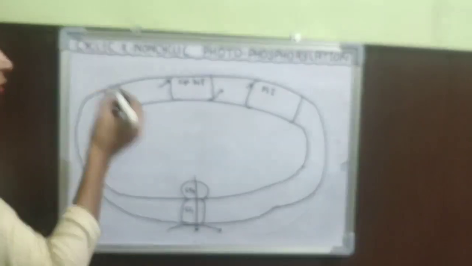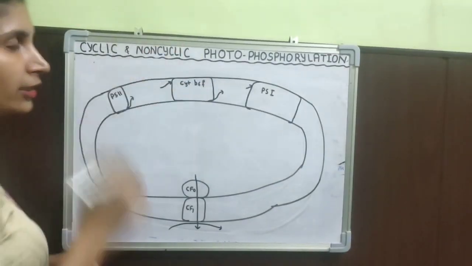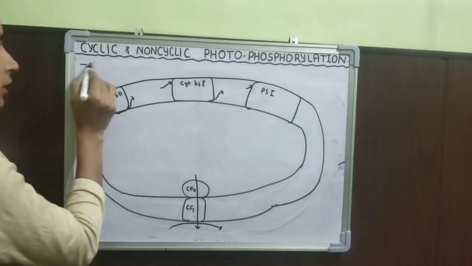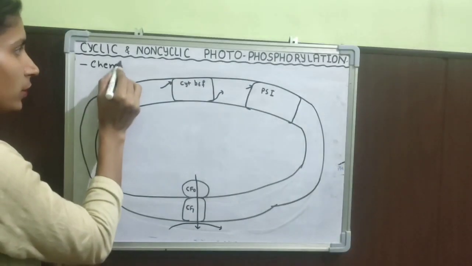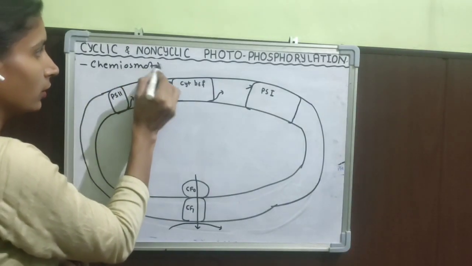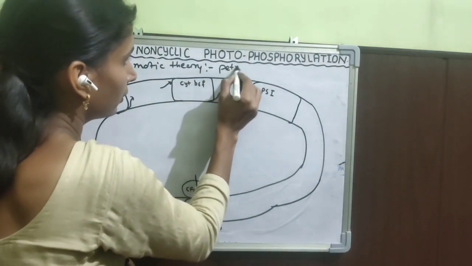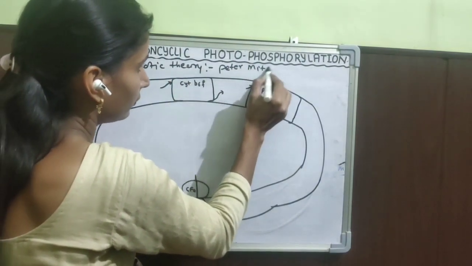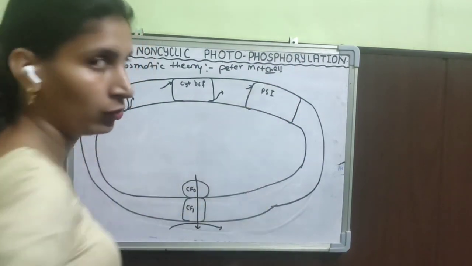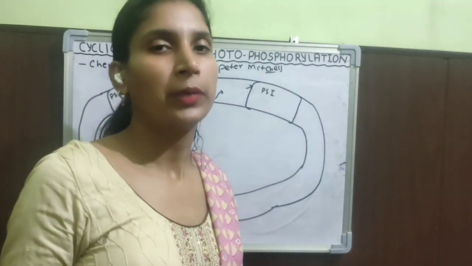Finally, we come to the last part of cyclic and non-cyclic photophosphorylation, called the chemiosmotic theory, which was given by Peter Mitchell, who described how the phosphate-containing compound is produced.